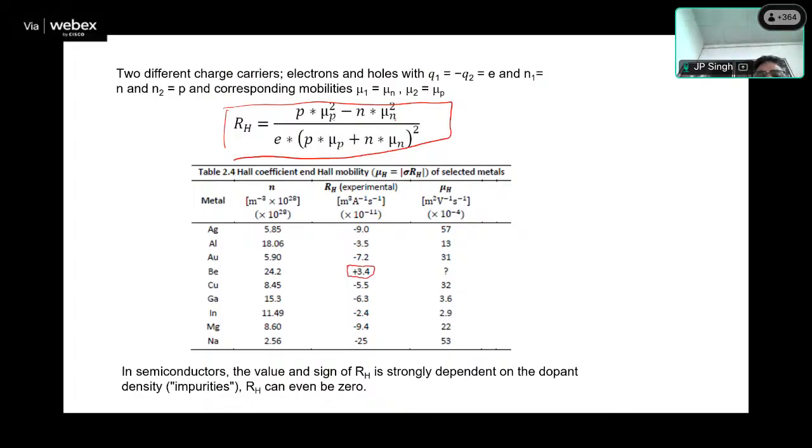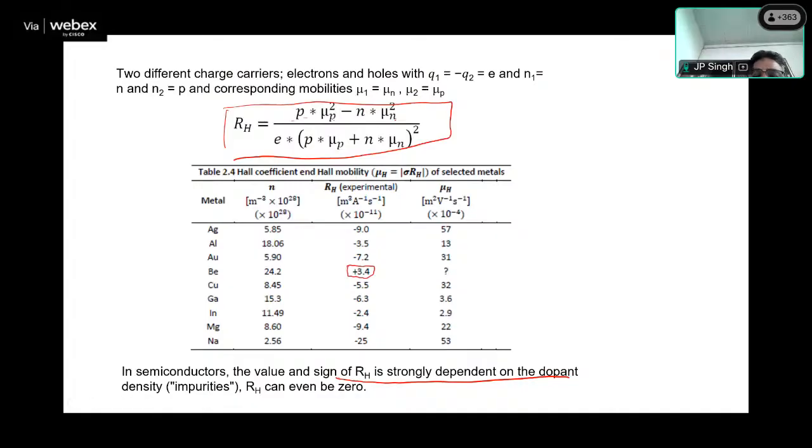What is important is this table, which shows you the Hall coefficient for different metals. And for semiconductors also, I have not included them, but you can see the Hall coefficient. It depends on the carrier concentration and the mobility also. But what we learn here is that in a semiconductor the sign of RH strongly depends on the dopant density, where p and n are the dopant concentrations. Carrier concentration I can assume similar to the dopant concentration.